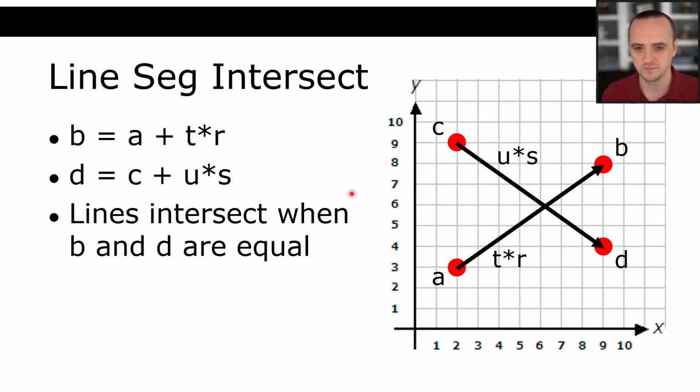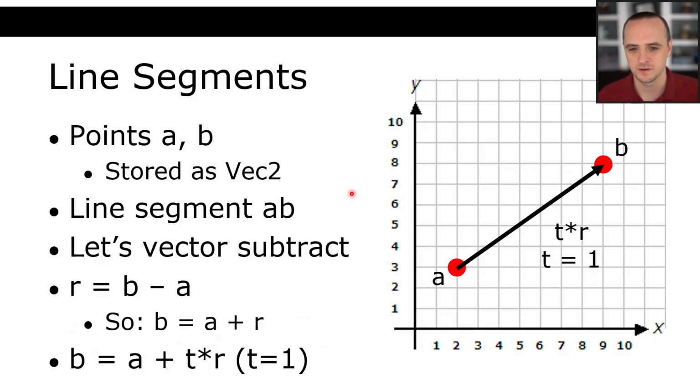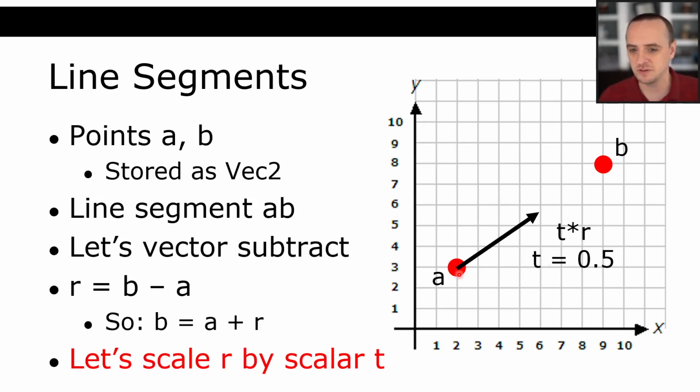Now, what does that mean? Well, if we look back here at our example, if T is between 0 and 1, then this point lies between A and B. If T is greater than 1, then the point lies outside here.